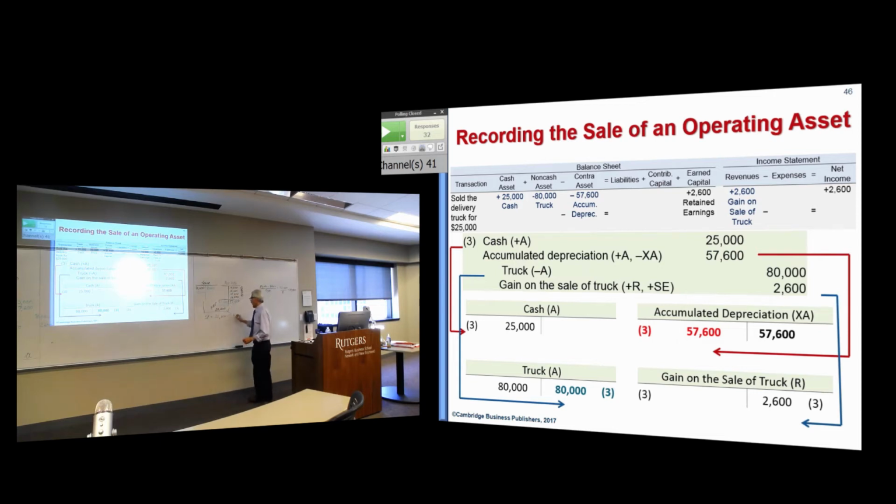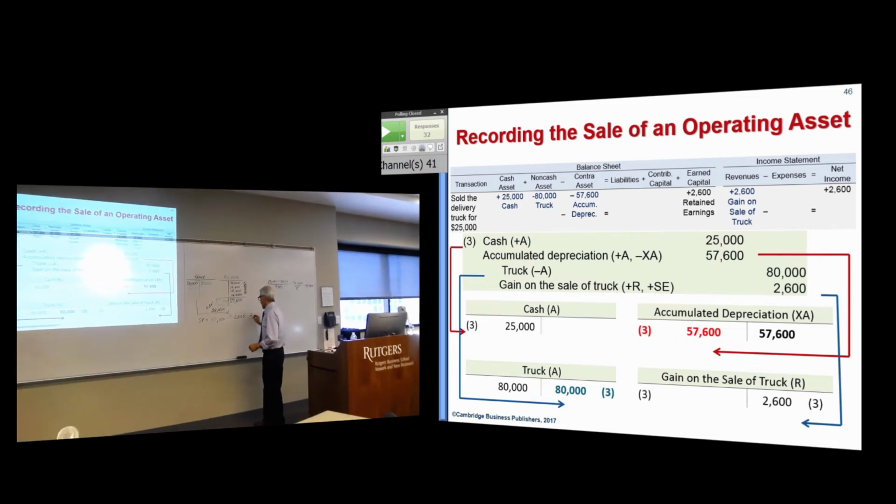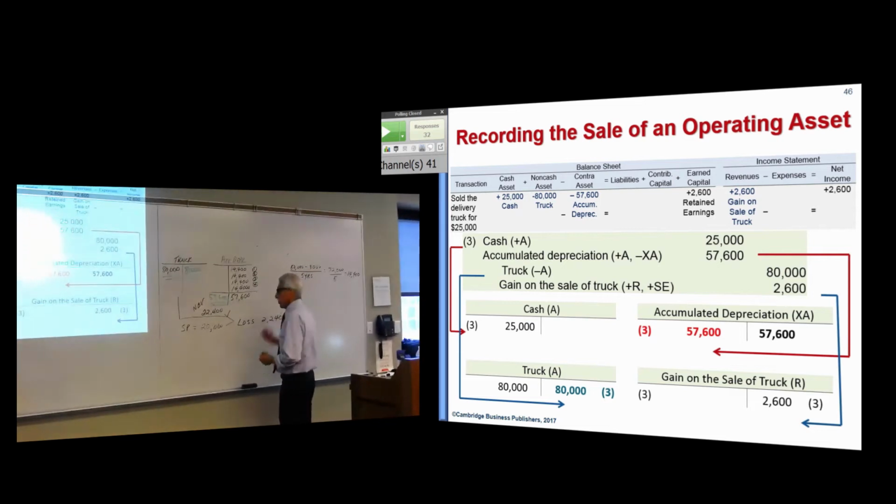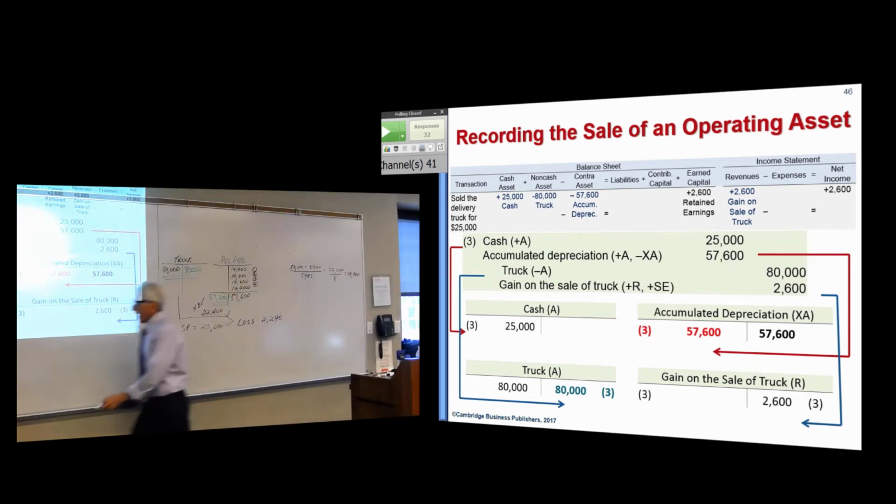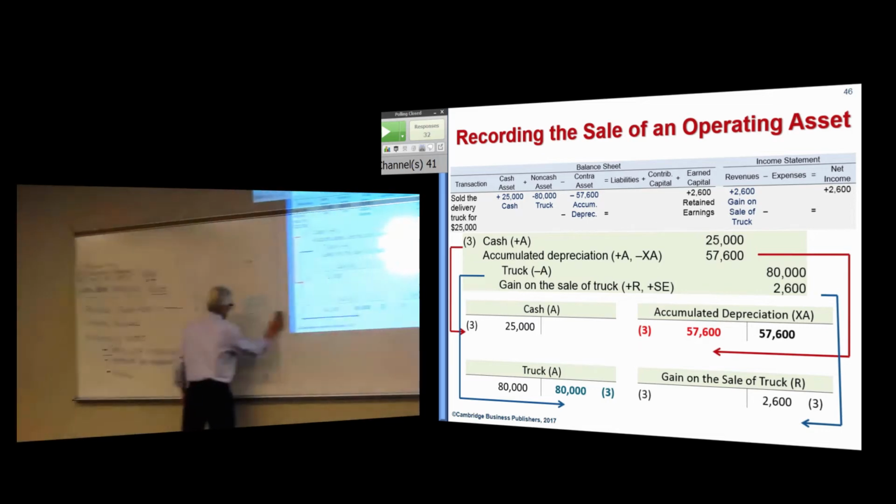If you sold the asset for $20,000, there's a loss of $2,400. So what would happen in this case?